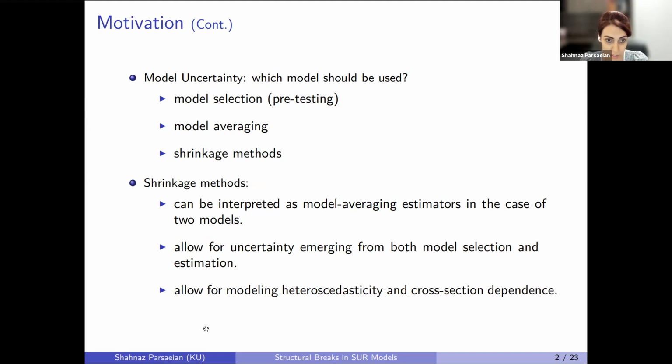Another method is shrinkage, which is like model averaging when we have only two models, and it is the one I use in this paper. This method allows for uncertainty emerging from both model selection and estimation, and it allows for modeling heteroscedasticity and cross-sectional dependence, which is the interest of this paper.